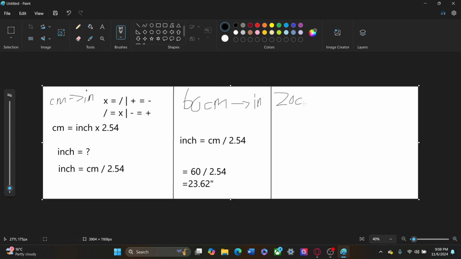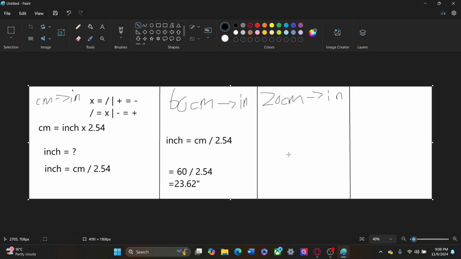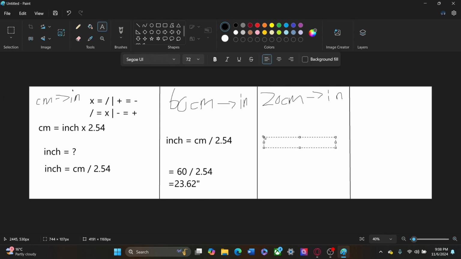20 centimeters into inches. Okay. So first, let's just open that up a bit. Okay. So now, first thing we're gonna do, pull out what we have. We know we gotta change it to inches.